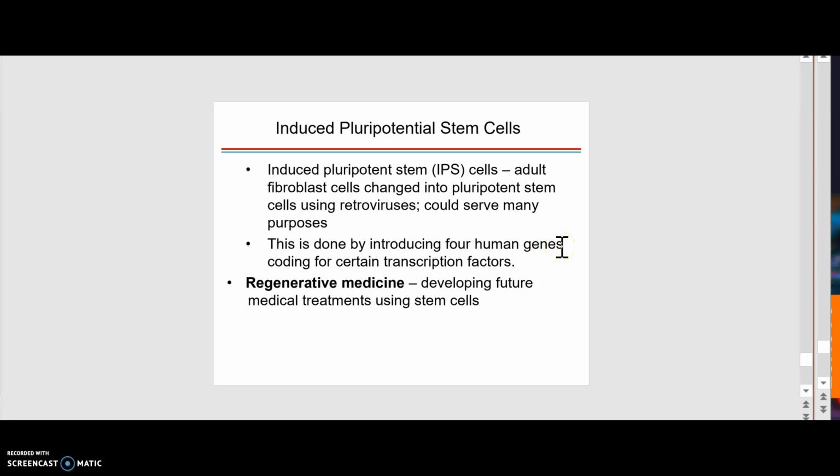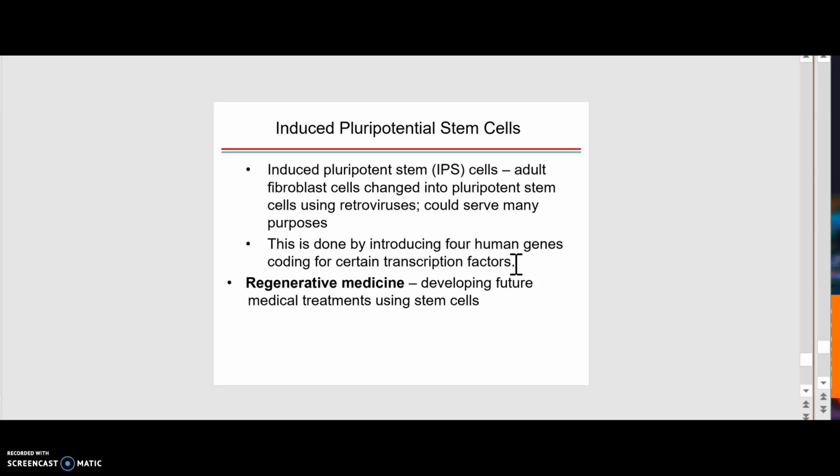That's how we introduce genes into, and these genes would turn on transcription factors. So in other words, to make a long story short, you're taking an adult cell and converting it back to a pluripotential stem cell. That's why it's called induced pluripotential stem cells. Adult cell and convert it back by introducing certain genes by using viruses, and these genes code for transcription factors.